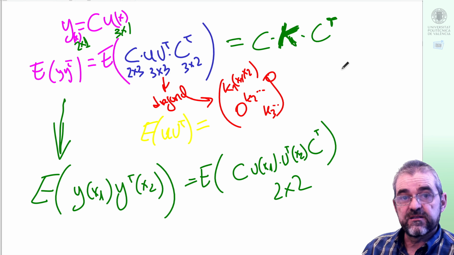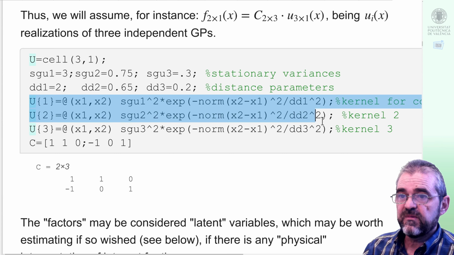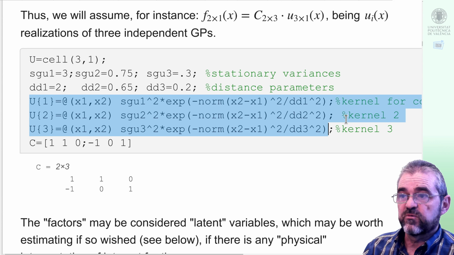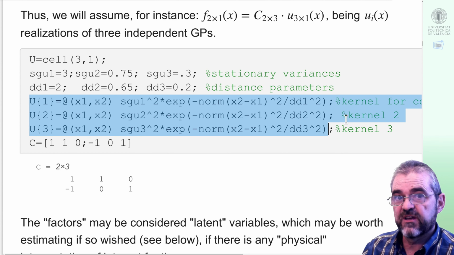And that was my statistical model. In my example in particular, this big K was built with these 3 independent squared exponential covariance kernels in the diagonal, but you may use any kernel you wish from the literature.